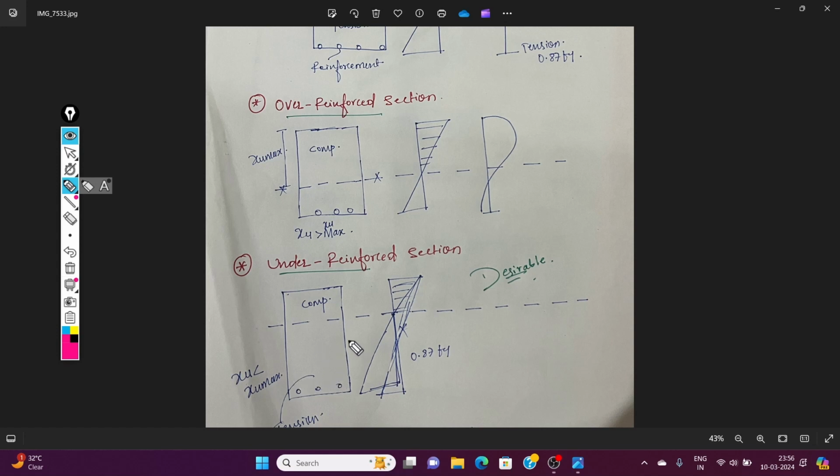Here, steel first reaches its maximum tensile stress before the concrete does. It will give a warning because steel is ductile in nature.